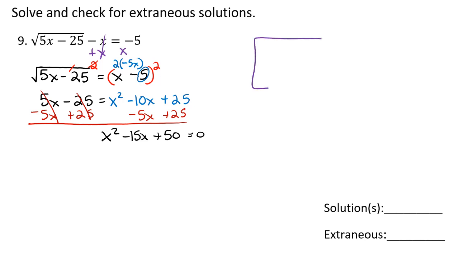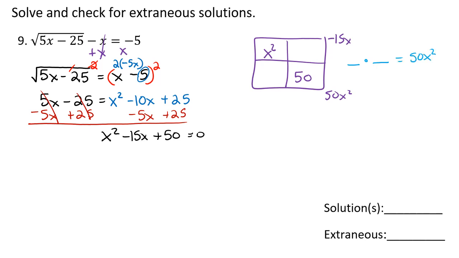So I make a box. x squared, 50. All right, so I'm going to have 50x squared, negative 15x. So negative 10x, negative 5x would be the combination that works.